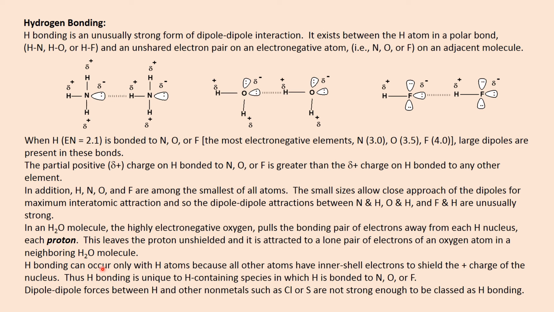Now, hydrogen bonding can occur only with hydrogen atoms because all other atoms have inner shell electrons, and they would shield the positive charge of the nucleus. And thus hydrogen bonding is unique to hydrogen-containing species in which hydrogen is bonded to nitrogen or oxygen or fluorine. The dipole-dipole forces between hydrogen and other nonmetals such as chlorine or sulfur are just not strong enough for it to be classed as hydrogen bonding.